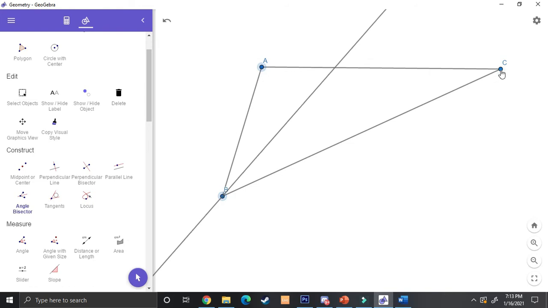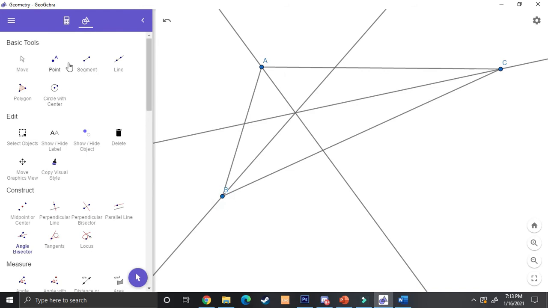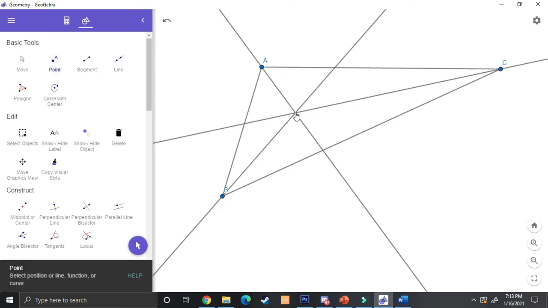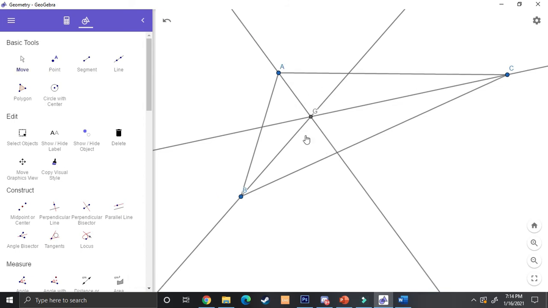So we draw the angle bisector of B, the angle bisector of A, and the angle bisector of C. And now they all intersect at one point we'll call G. G is called the incenter of the triangle.